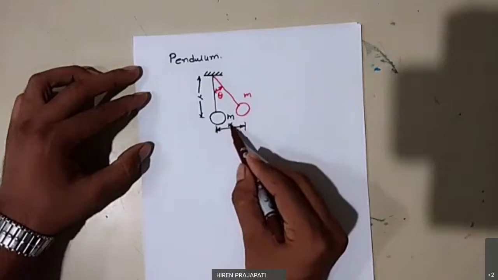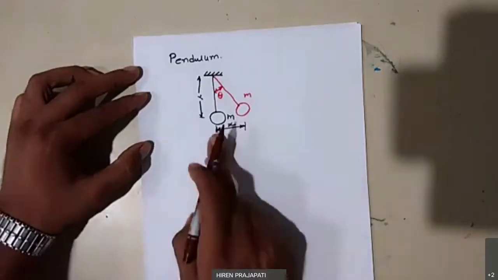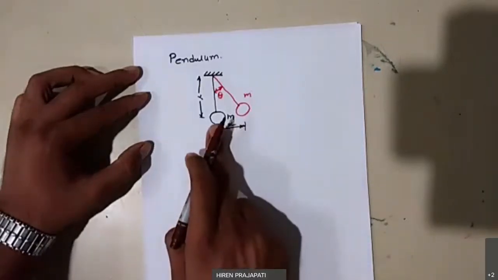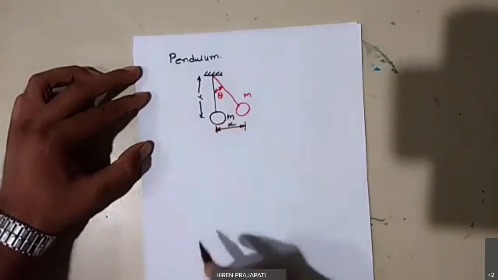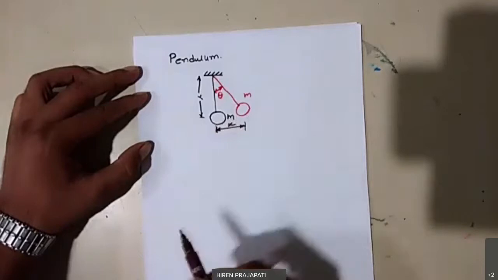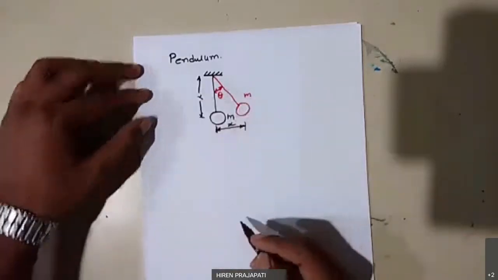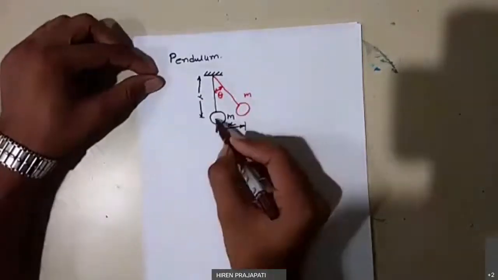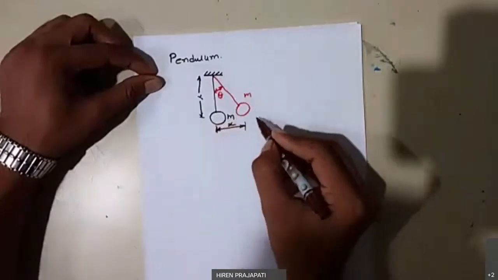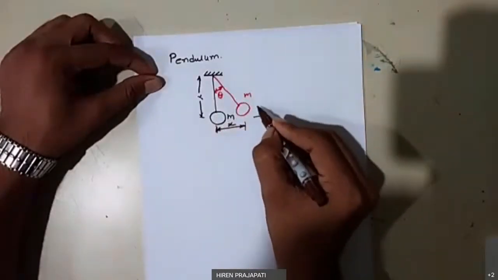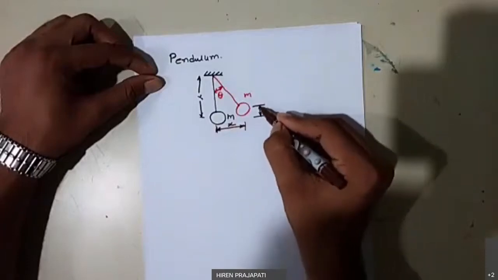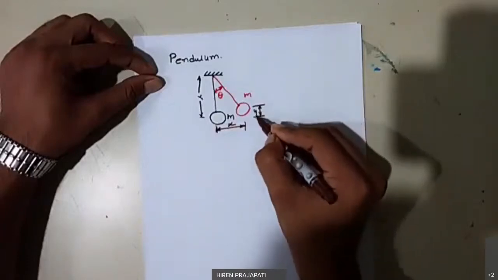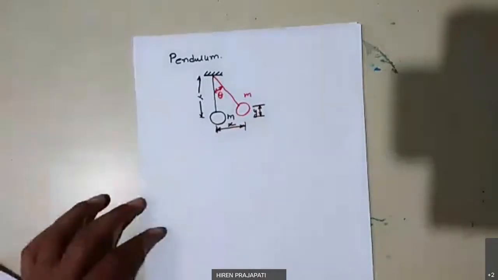I consider one coordinate x such that this mass is moved by x distance. So one coordinate is required to represent x direction movement, horizontal displacement of this pendulum, and you also require another coordinate to represent vertical movement. Let me call that y.